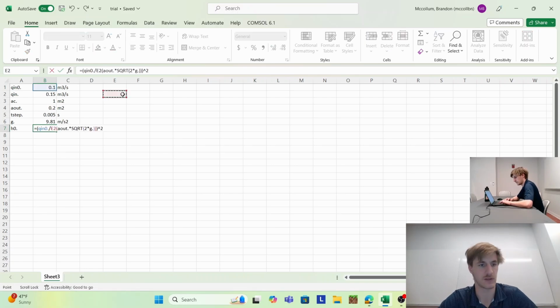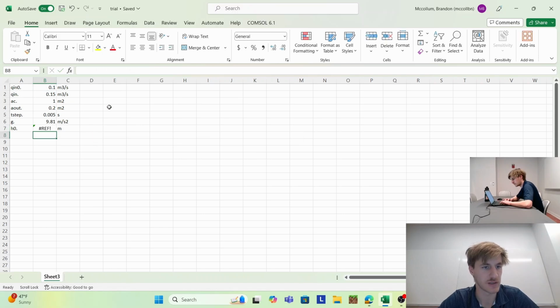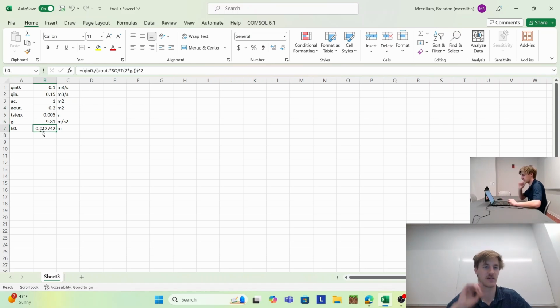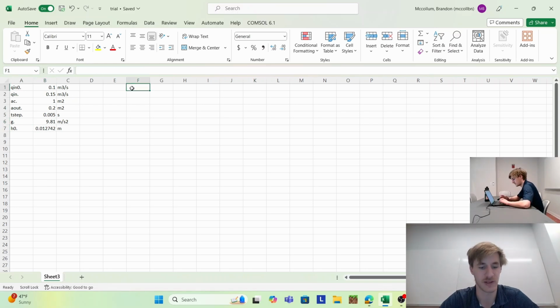Oh, my variables didn't work. I didn't hit enter on them, that's fine. I always forget that part. You have to hit enter, you can't just click up. So that should be all of them. There's our initial height.